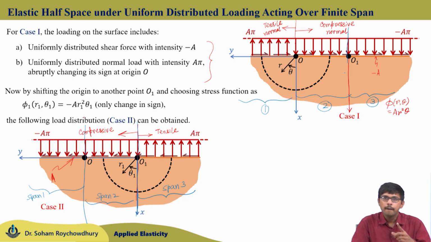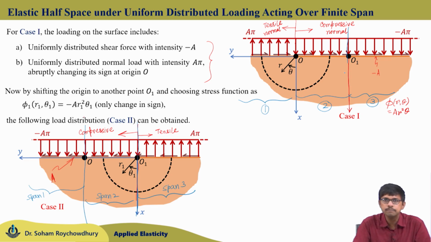Now, in span 1, for case 1, tensile A pi distributed load, for case 2, compressive minus A pi distributed load, they will cancel each other, the normal loading will be 0 for span 1. Similarly, for span 3, case 1 is showing the distributed compressive load of intensity minus A pi, case 2 is showing the distributed tensile load of intensity plus A pi, they would cancel each other.